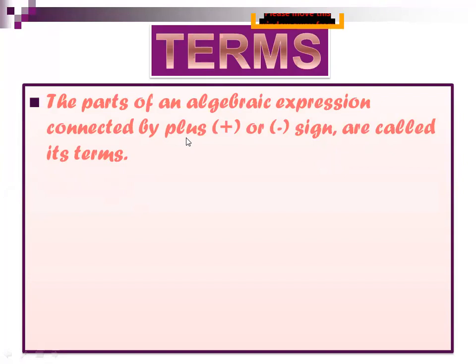What does it mean? Can anyone tell me what it means? The parts of an algebraic expression means there are so many parts like exponent, base, variable, or coefficient.